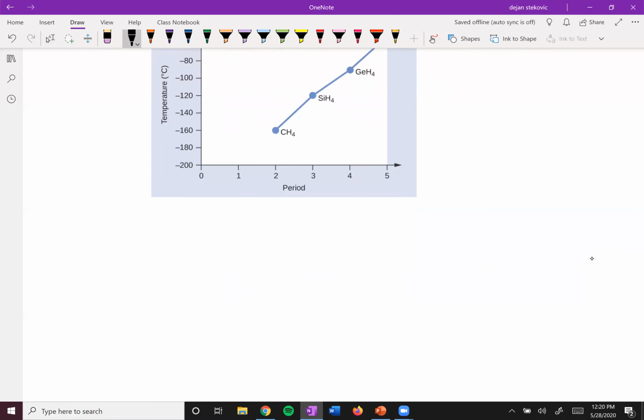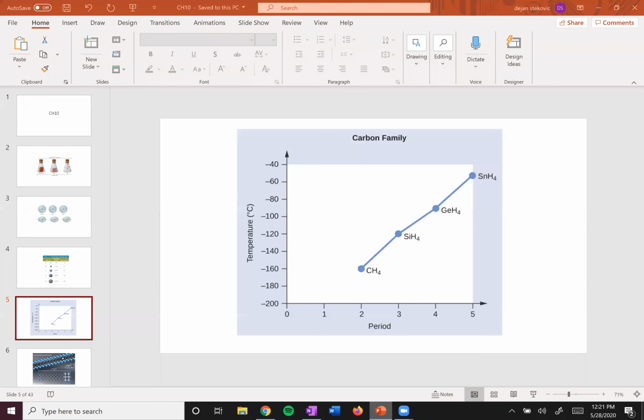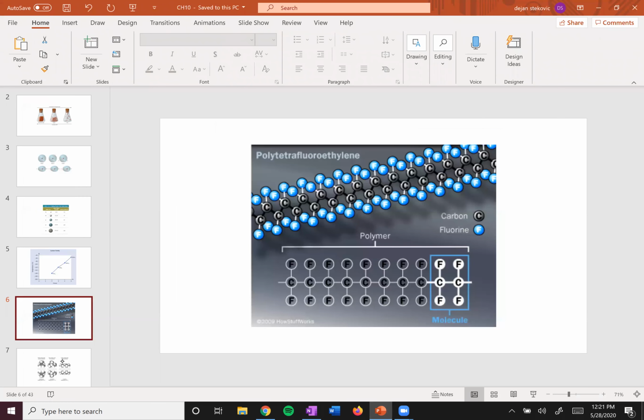Little fun fact, a real world application, you don't really have to know this: using this property is partially why Teflon works. If you think about what Teflon is, it's that non-stick coating people put on pans and all kinds of other things. And of course, the main property people are interested in is the non-stickiness of it.